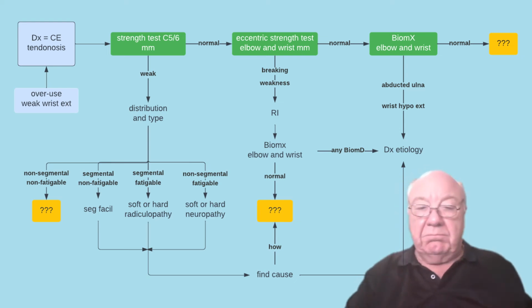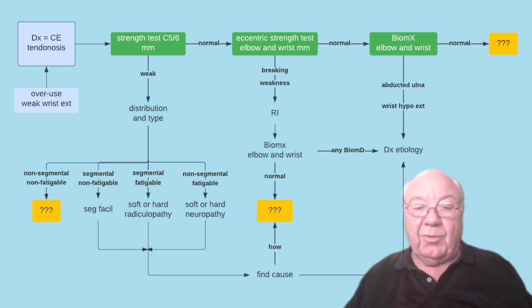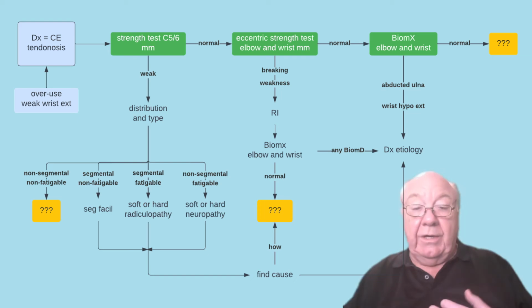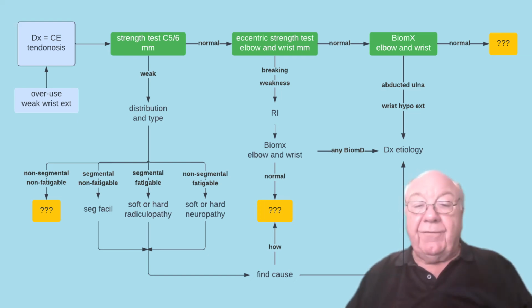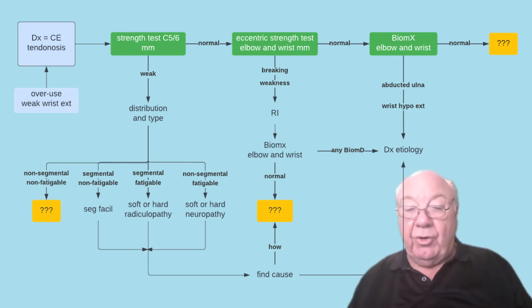This may be multi-crush or single crush. At the other end of the box, you've got non-segmental but non-fatigable. So I've left that box open for you to see if you can fill it. If you can think of something to put in there, do so. It's a really good exercise to make you think about this. So if one or more of the other three boxes is there, then we can come down, find the cause of whatever that is, and we have our etiology.